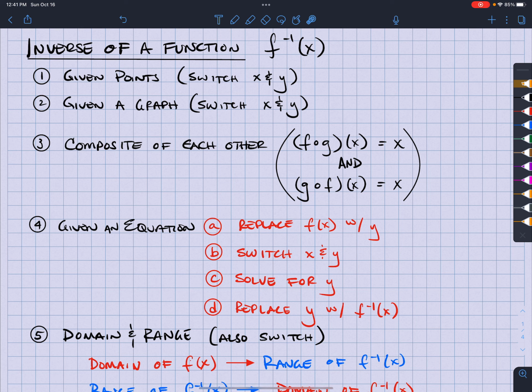If it's having to find the composite of each other, what you have to do is find f composite g of x, and most likely this would be given as two equations, right? So let me break that down here.